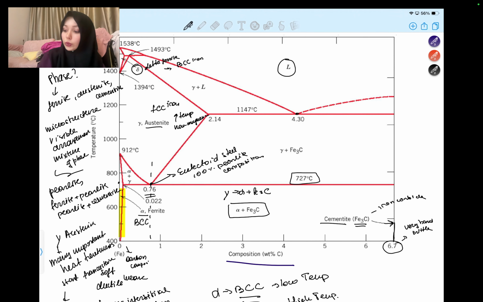Okay, so liquid gives the result of two solids. In the eutectic reaction, we can write it as liquid gives two solids, but in eutectoid, the solid gives two solids again.